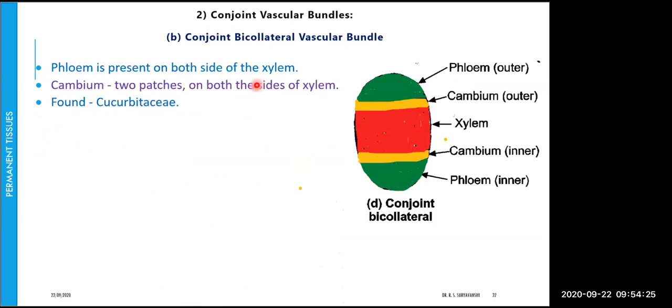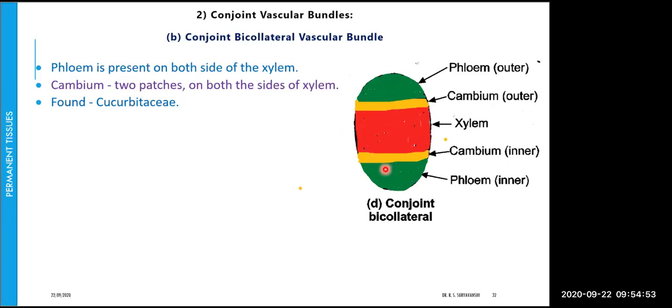Now in the conjoint bicollateral vascular bundle, here you can see the xylem is surrounded by phloem on both sides. So in this type of vascular bundle, phloem is present on both sides of the xylem. Cambium is also found in two patches on both sides of the xylem.